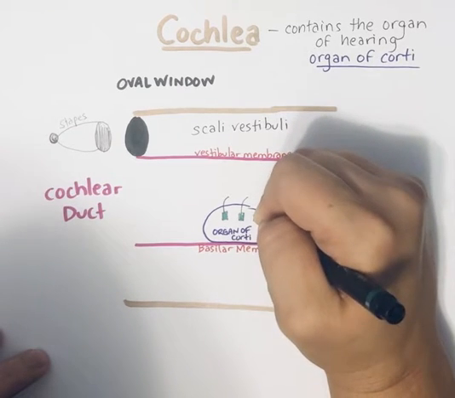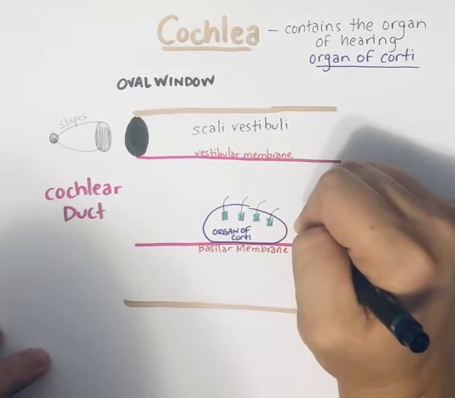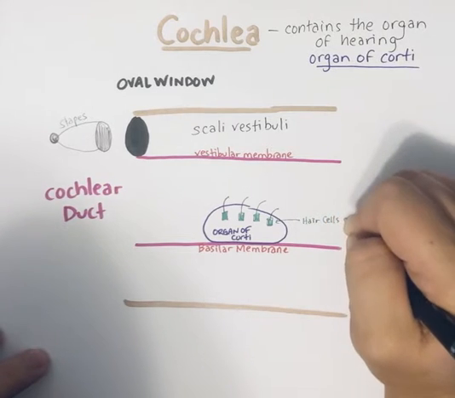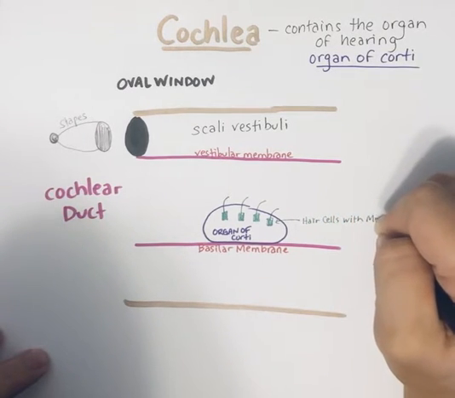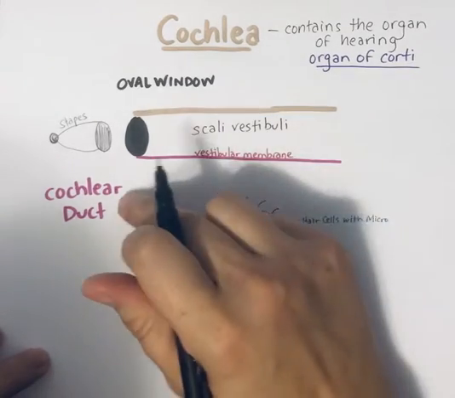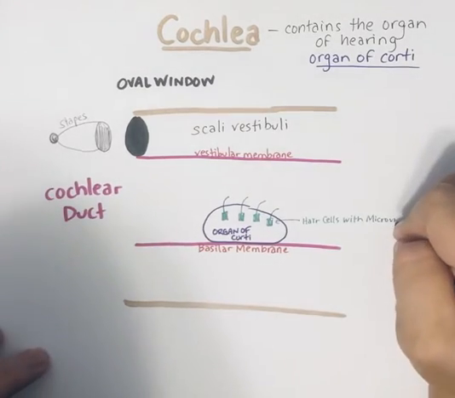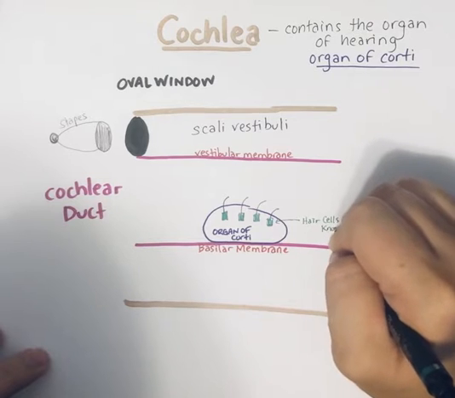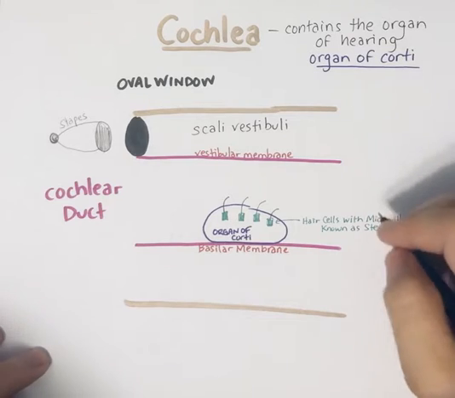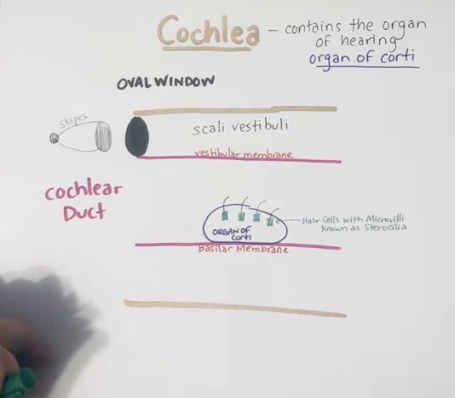These are hair cells, with microvilli, which are in the cochlear duct, floating around in the endolymph. Stereocilia. These are the little microvilli.